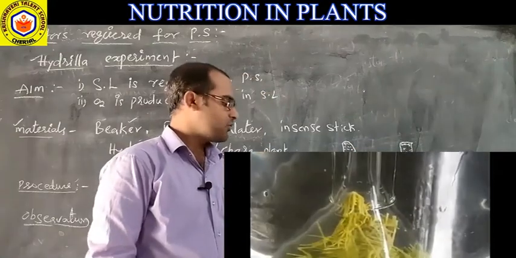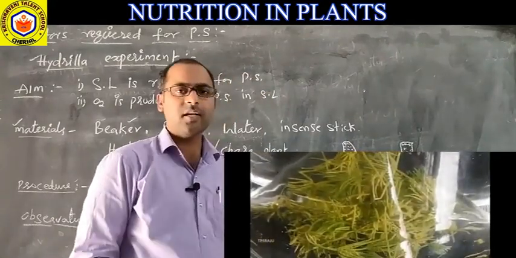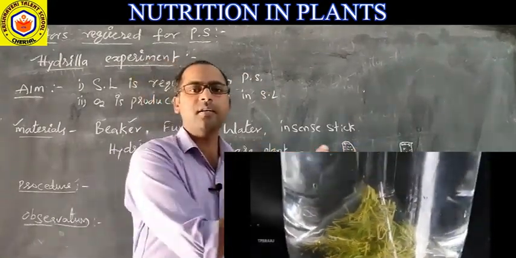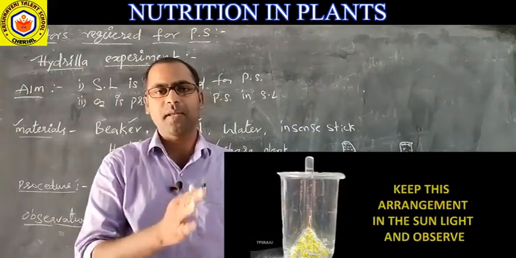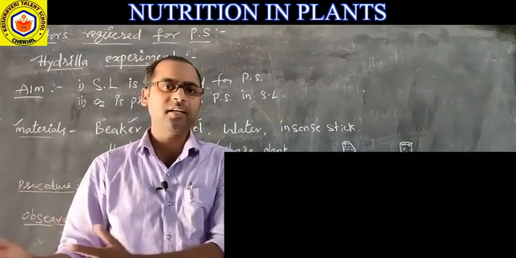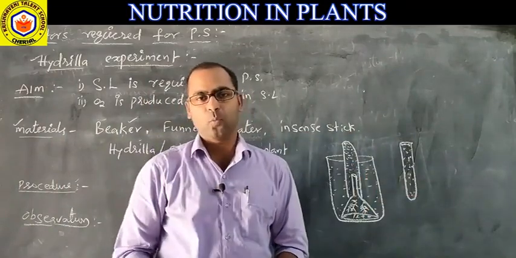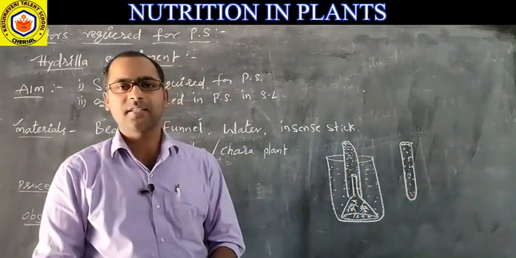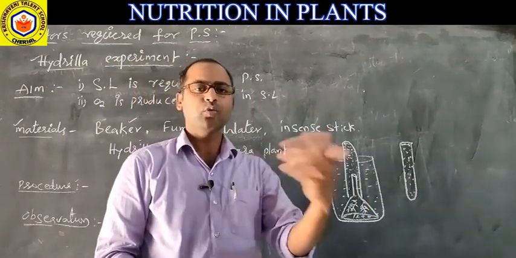We have to make two sets of this experiment, one placed in sunlight in an open place, and one placed in a dark room. Let us observe them for 2 to 3 hours.